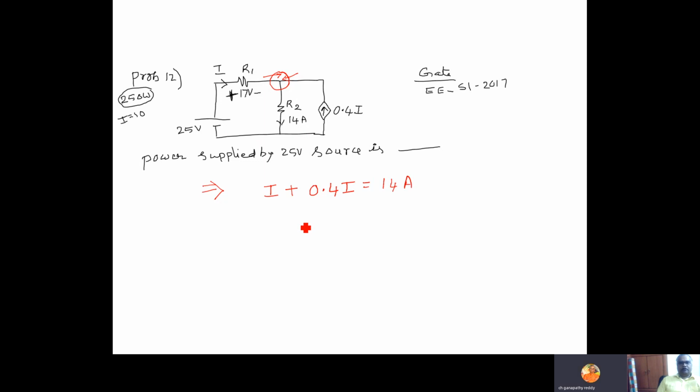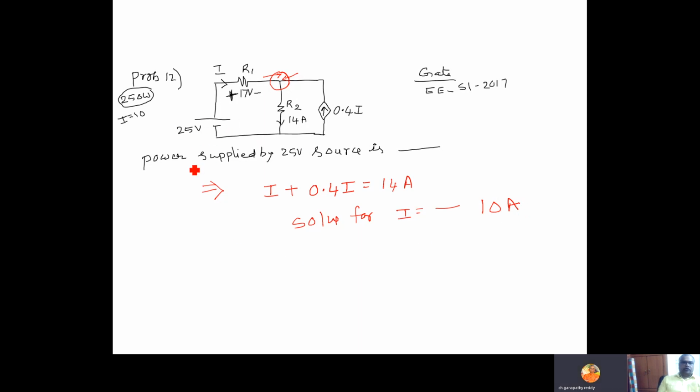This 14 is given. Now solve for I. You will get I of 10. The answer is 10 amps.